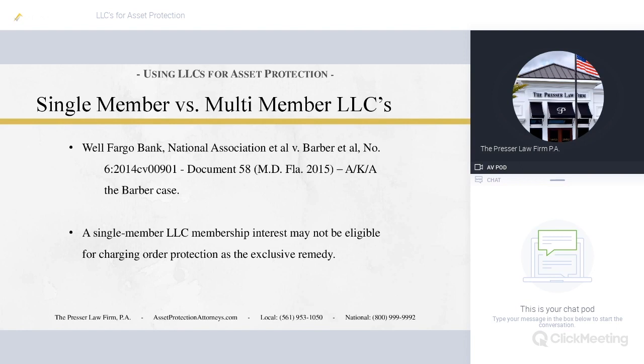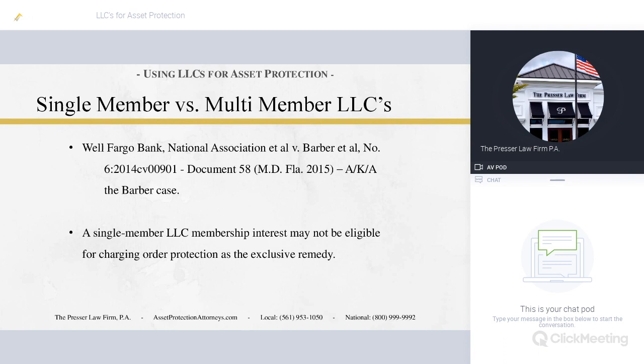protection. Charging order protection is a remedy that a creditor has, charging order, where they can pursue a member's membership interest. So they cannot pursue the membership interest, they can pursue the distributions that a member would receive from an LLC.